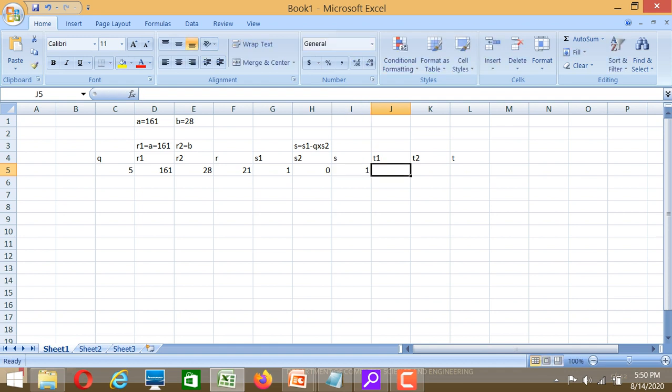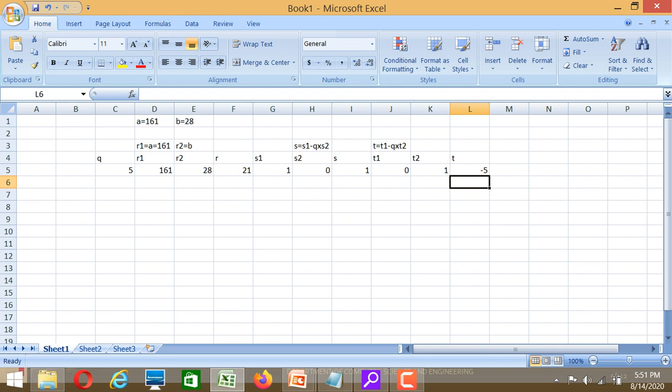Now initial T1 is 0, initial T2 is 1, and the formula is T equal to T1 minus Q into T2. So T is 0 minus 5 into 1, which is minus 5.